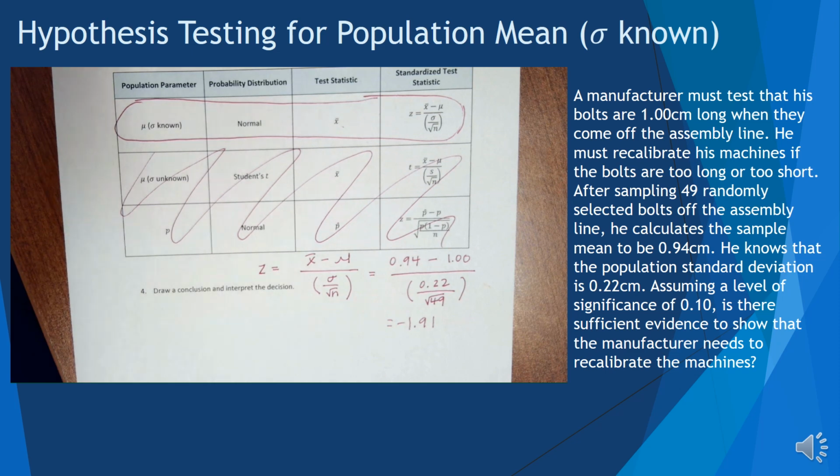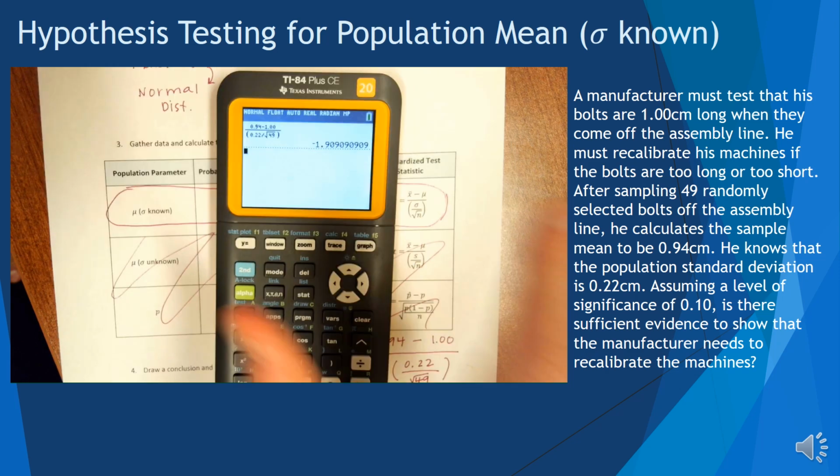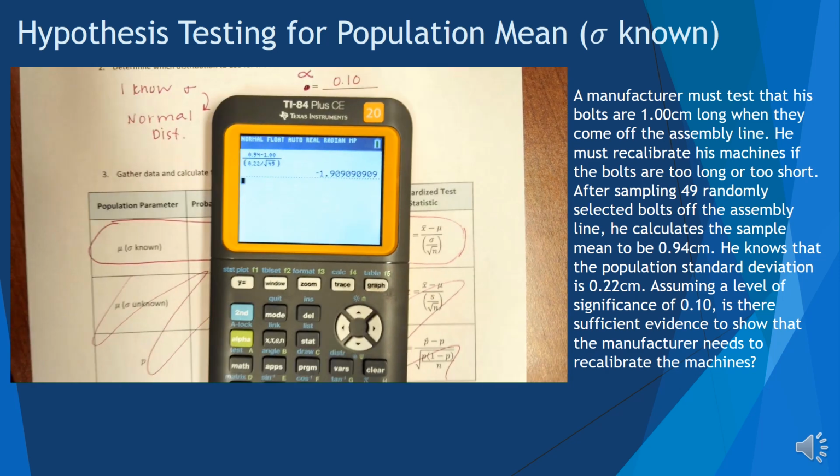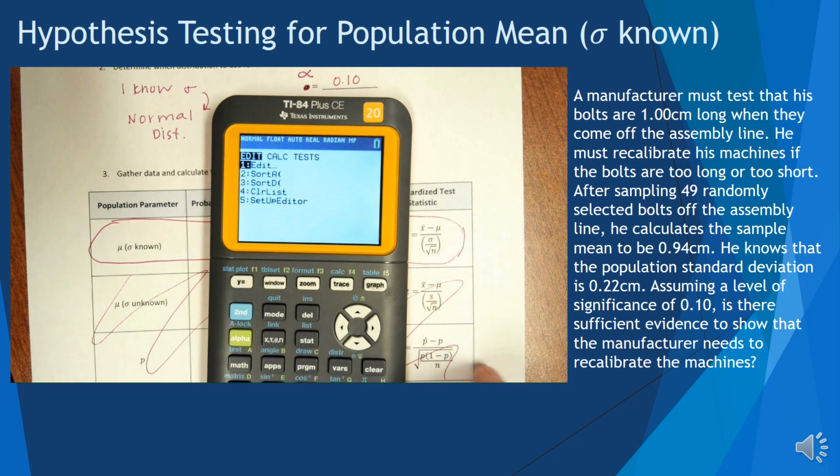Okay, so you're going to grab your calculator. Now, the steps are going to be similar to how you construct a confidence interval. So we're going to go to stat and then over to tests.